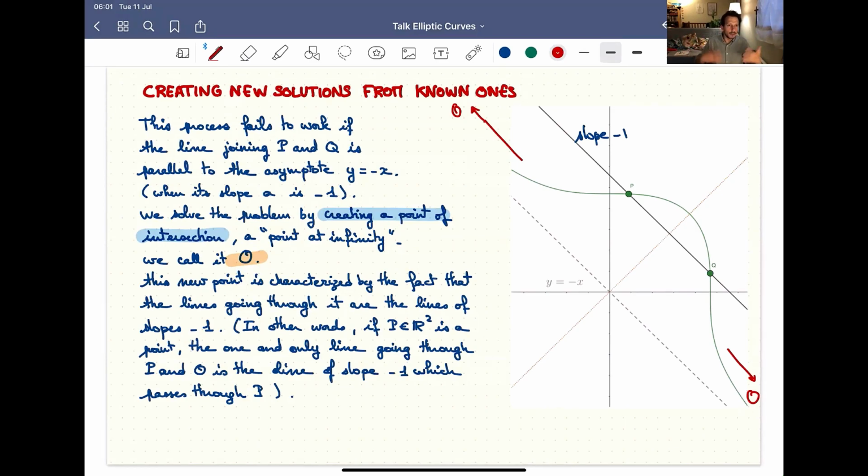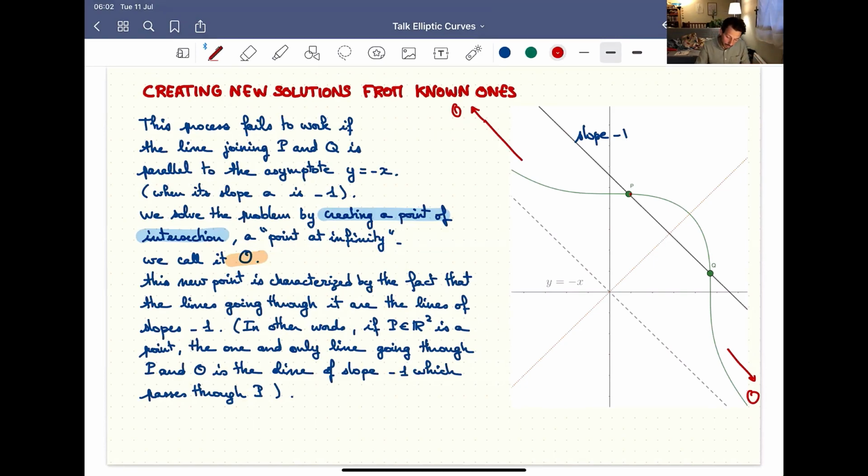But how would you describe a point in the plane? Well, you can describe a point in the plane by telling me what lines go through it. If you want to describe the point P here, then you can give me the collection of lines that intersect at P. And similarly, we can describe the point at infinity by saying that the lines that go through this point are exactly the lines of slope -1.